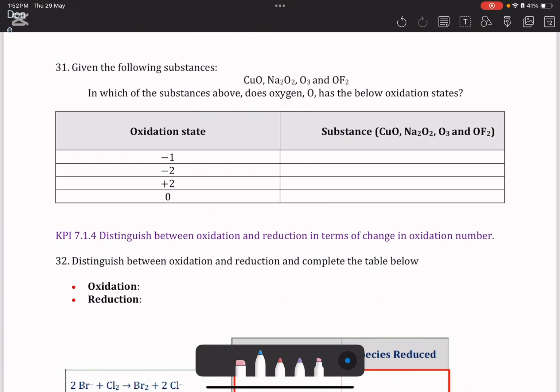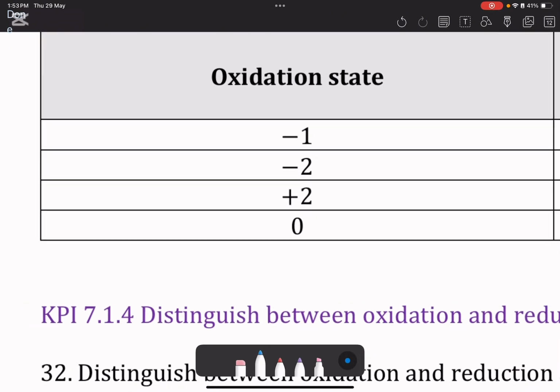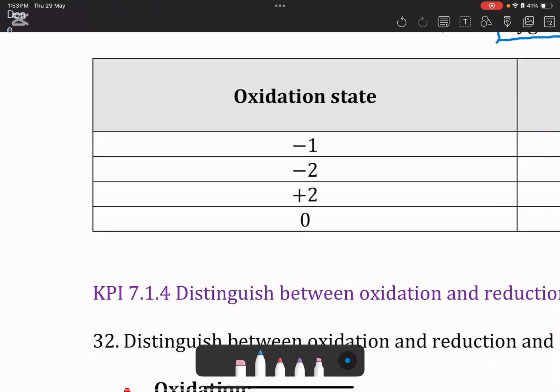Now, given the following substances, in which of the substances does the oxygen have the given oxidation states? Okay. Now, let's go back again and explain the oxidation number of oxygen. Oxygen in free elements like ozone or O2, it is 0.